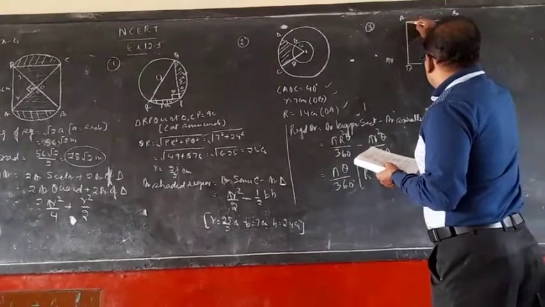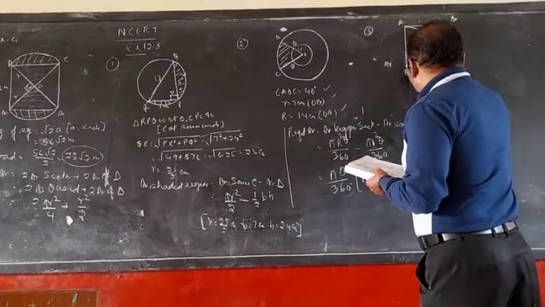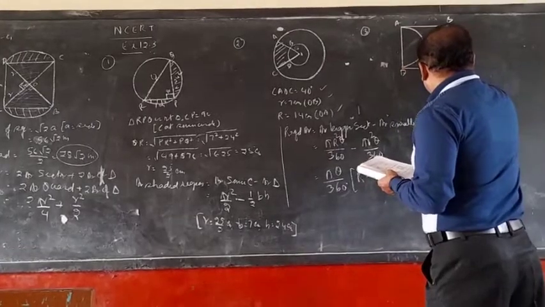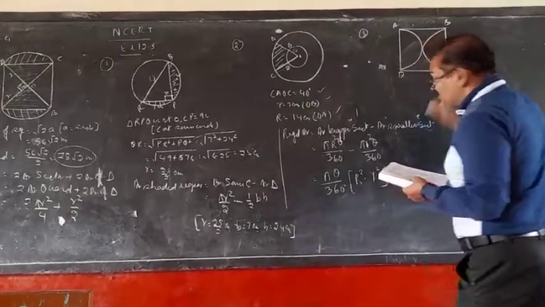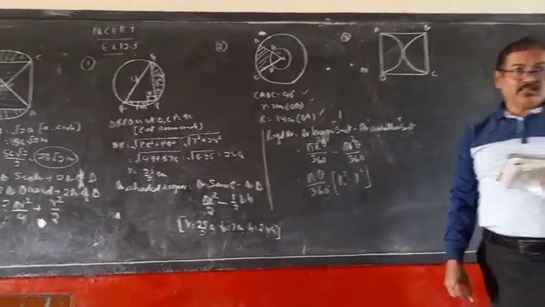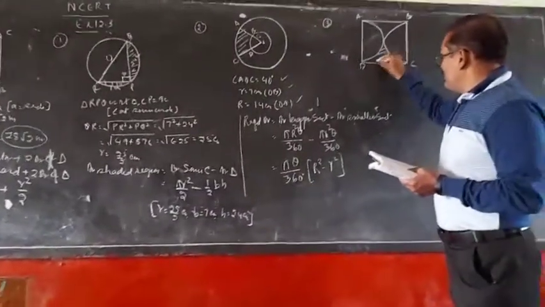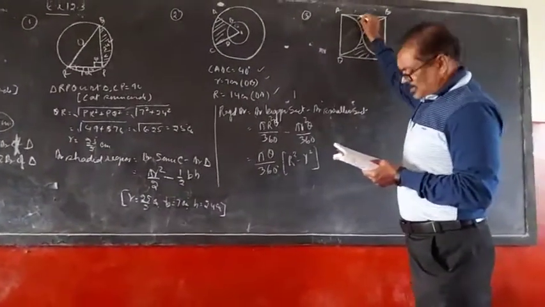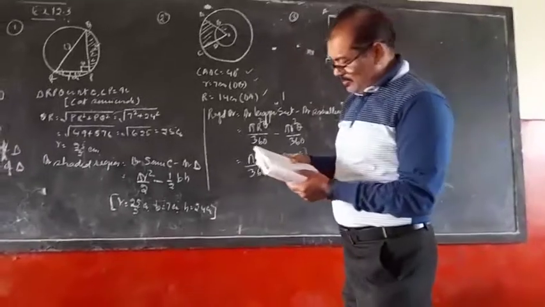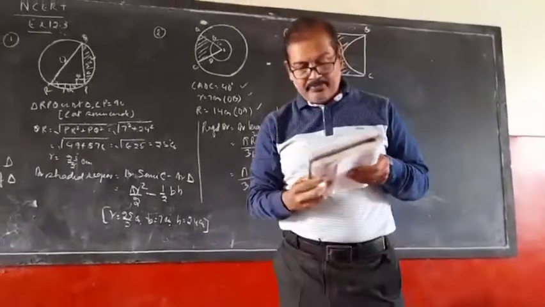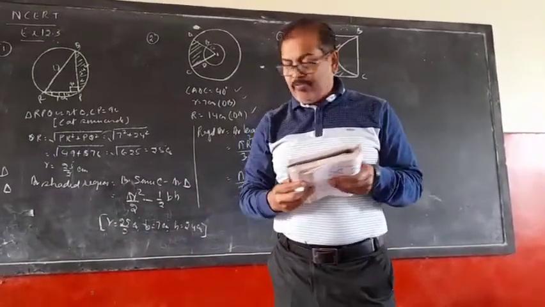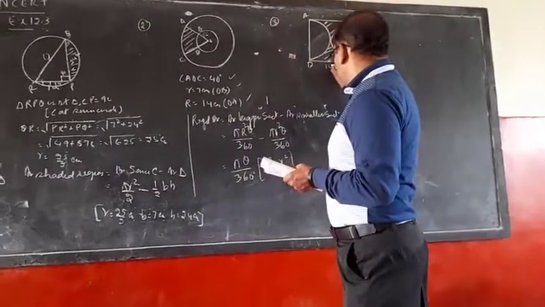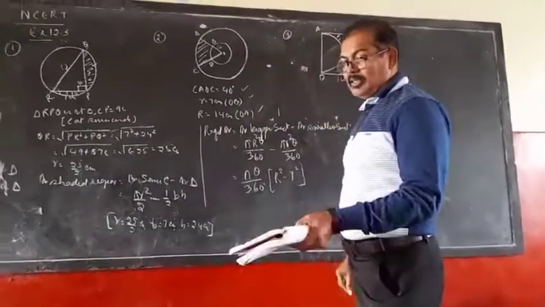Then two semicircles are drawn by taking the opposite sides as the diameter. In this case, you have to find the area of this shaded region, and we have given side 14 centimeter. The side of the square is 14 centimeter.